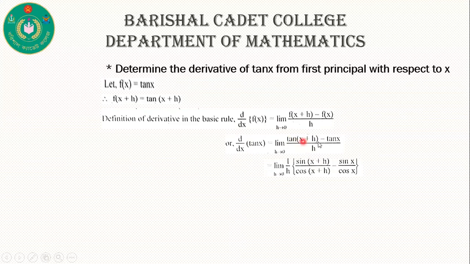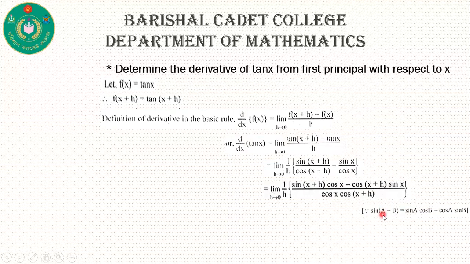Now we know tan x is equal to sin x by cos x. That's why we can write sin (x plus h) by cos (x plus h) minus sin x by cos x. Now LCM cos (x plus h) cos x. Then we can write sin (x plus h) cos x minus cos (x plus h) sin x. We know from trigonometry this formula: sin (a minus b) is equal to sin a cos b minus cos a sin b.